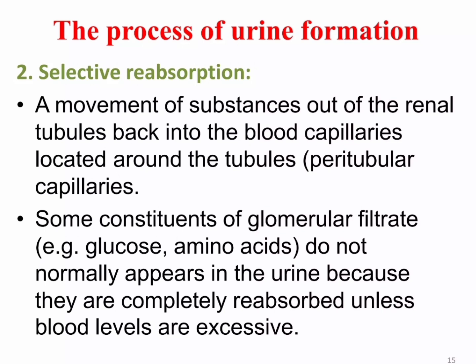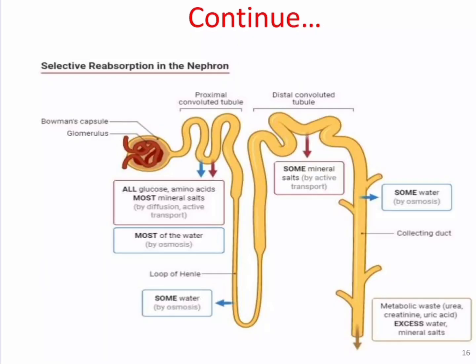If the blood level is excessive, then glucose and amino acids come into the urine. So this is selective reabsorption.